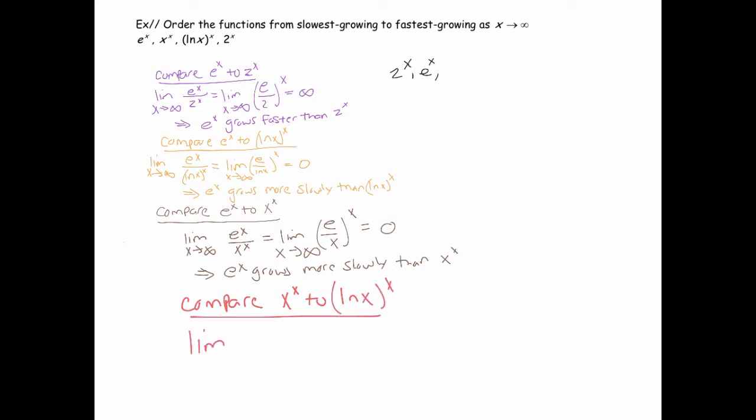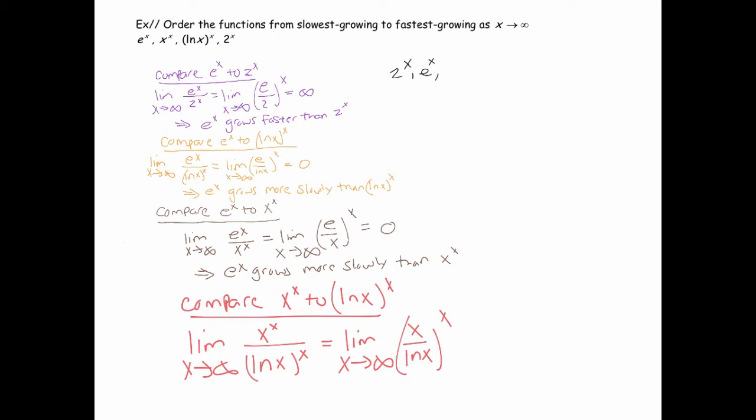So if you take the limit as x goes to infinity of x to the x over ln of x to the x, then we've got the limit as x goes to infinity of x over ln of x to the x.